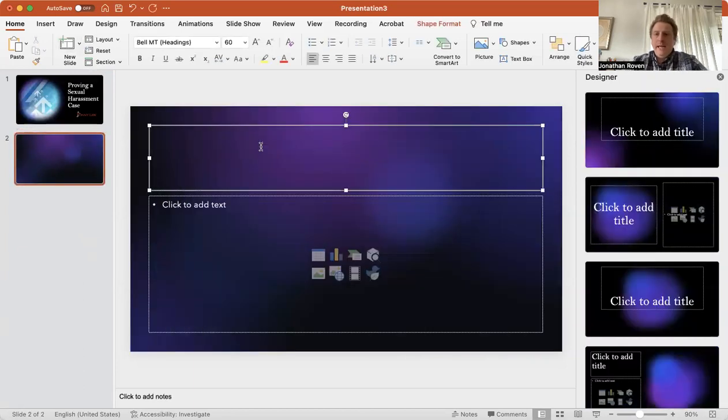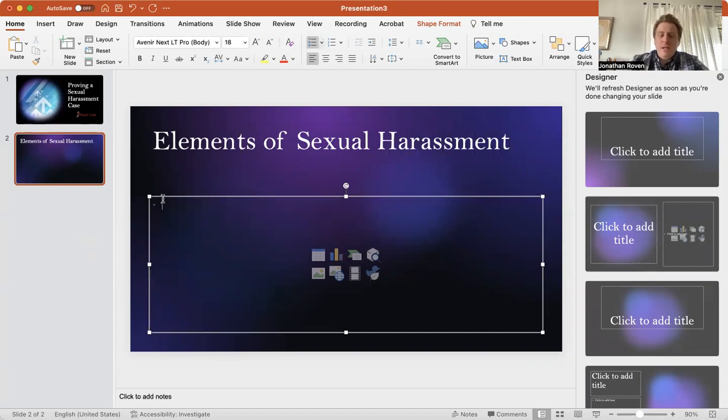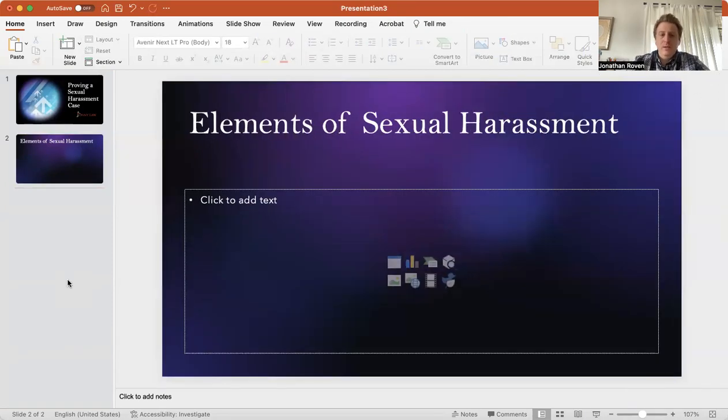So in any kind of case, there's going to be what's called elements. The elements are things that you need to prove in order to prove an entire case of the cause of action, which is sexual harassment. So I'm going to be pulling up the elements here.